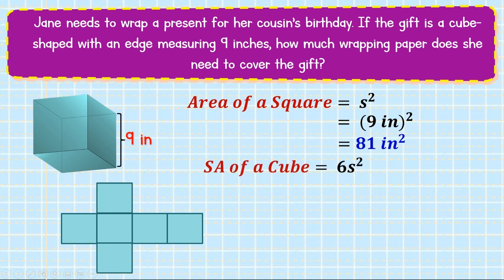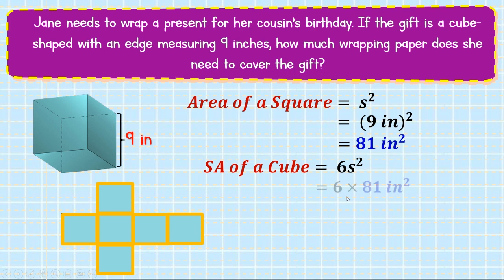So to solve for the surface area of the cube, it is equal to 6s squared. Why? Because we have 1, 2, 3, 4, 5, 6 squares for the faces of the cube. So multiplying 6 by s squared, we have the formula for the surface area, 6s squared.